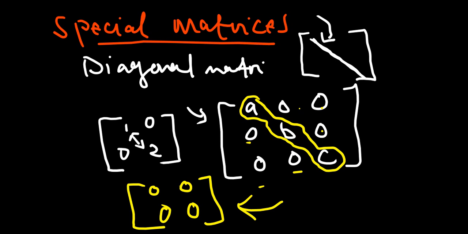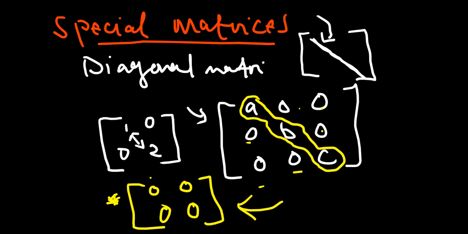Is this matrix here a diagonal matrix? Anyone who can try? What do you think? Okay, so the answer is yes, it's still a diagonal matrix, because all the entries off the main diagonal are still zeros.